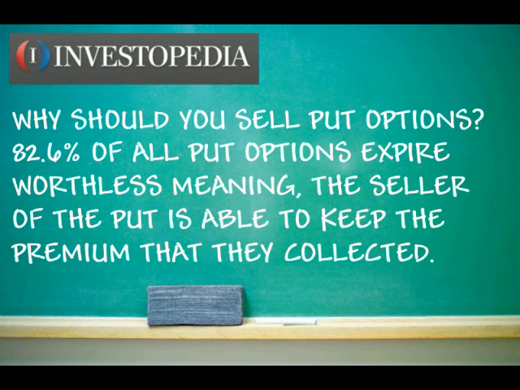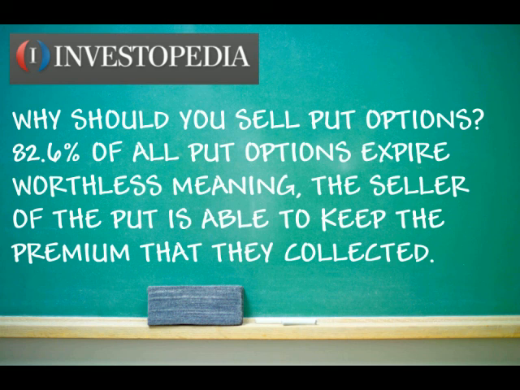And could you imagine that 82.6% is factoring in a lot of people who really don't even know how to sell put options correctly? So that number would be a lot higher if it only factored in people who had experience and people who really knew what they were doing.